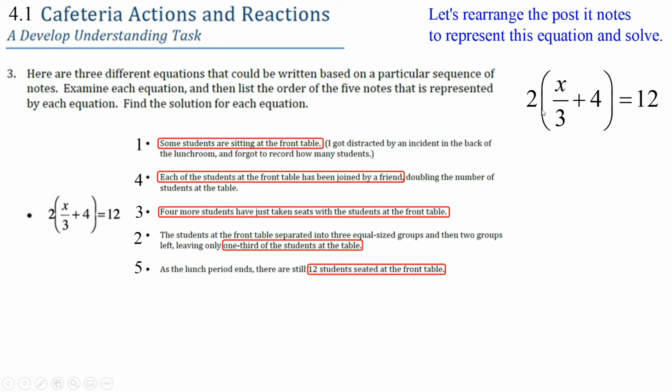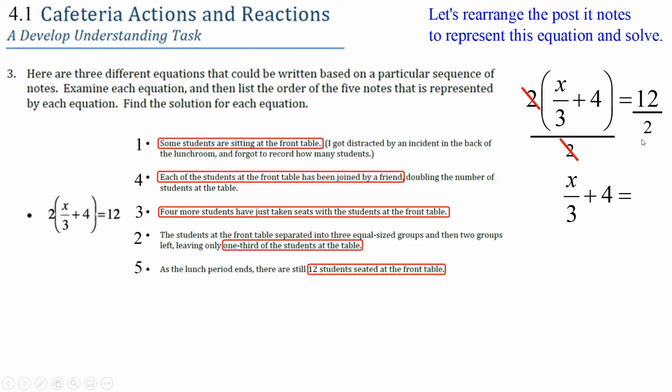So I'm going to divide the left by 2, and I'm going to divide the right by 2, because what I do to one side, I always have to do to the other. Now we did that because now these factors of 2 will cancel, leaving us x over 3 plus 4 equals 12 divided by 2, which is 6.